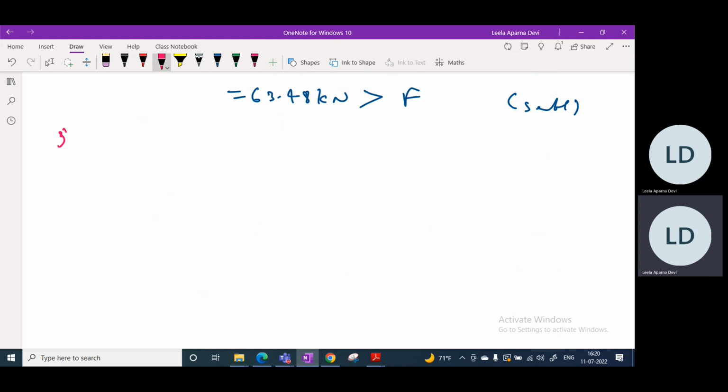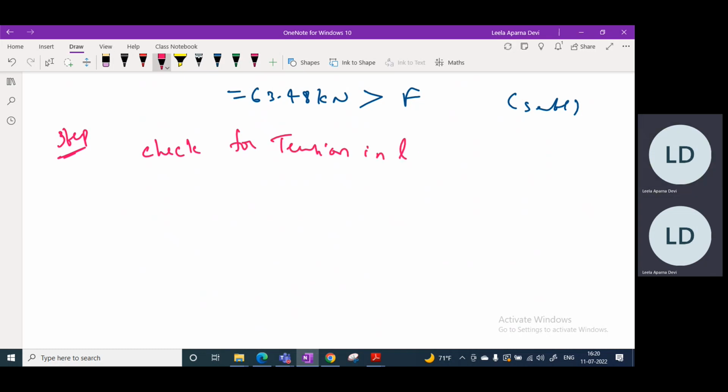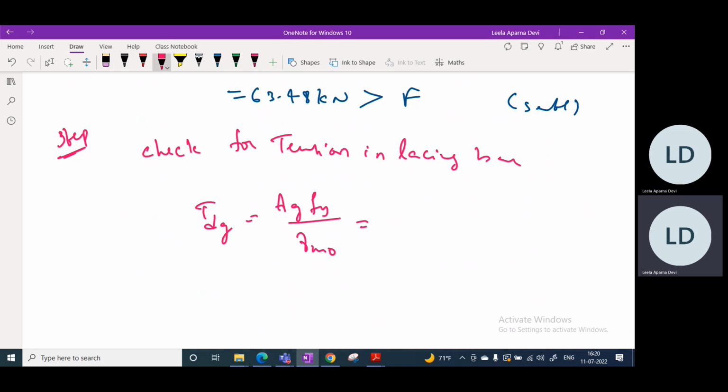Similarly, the next step, check for tension in the lacing bar. As we already know, the tension formula is Ag into fy by gamma m0. As we don't know the net area, we are directly taking the approximate gross area here.